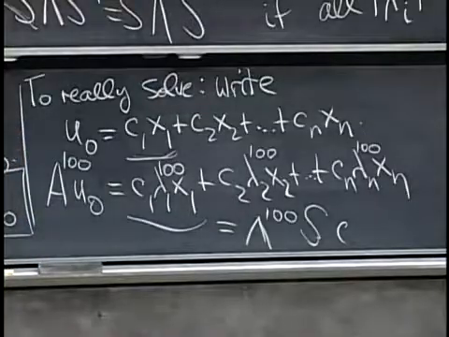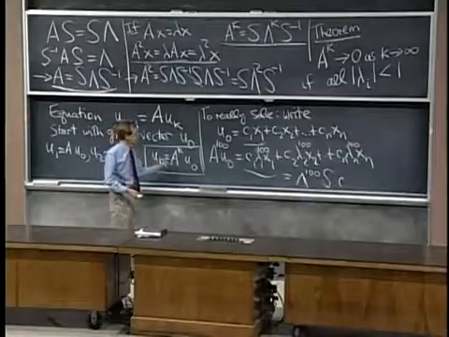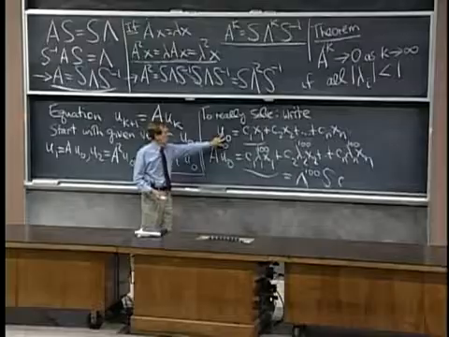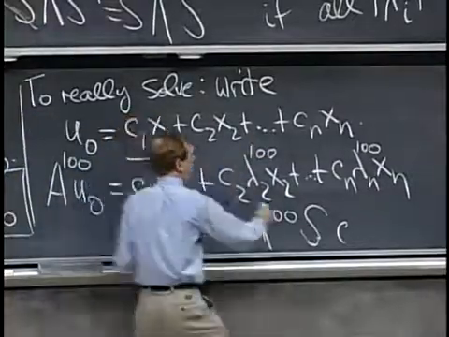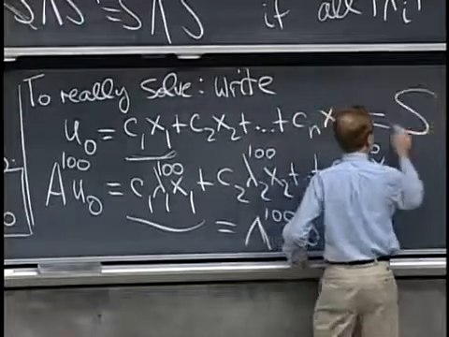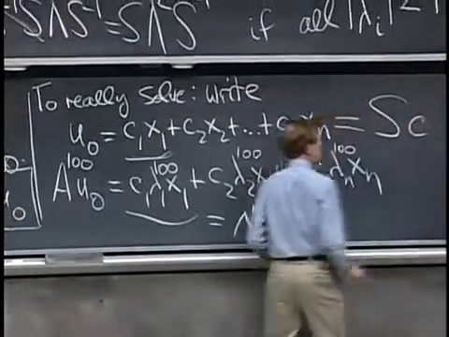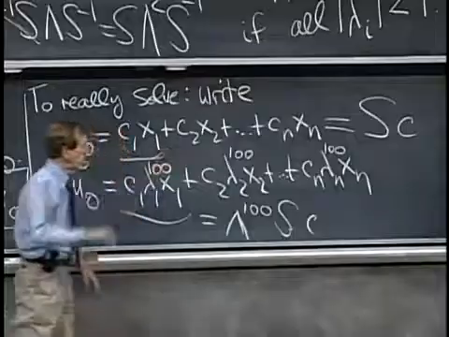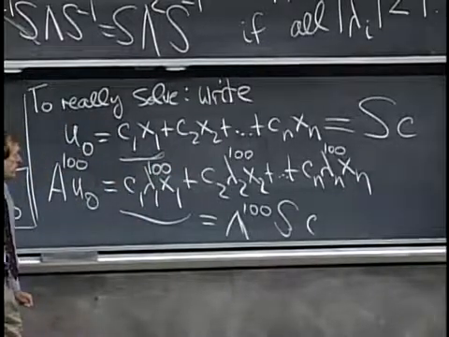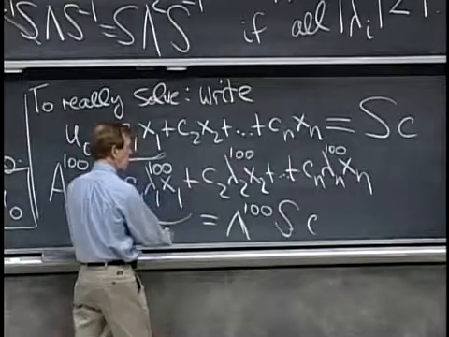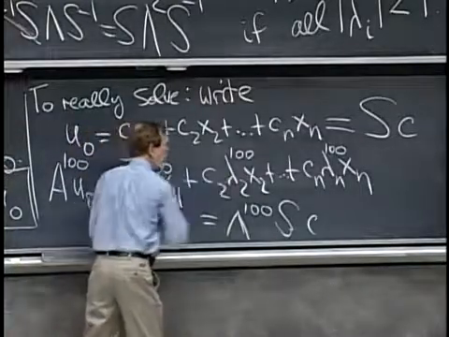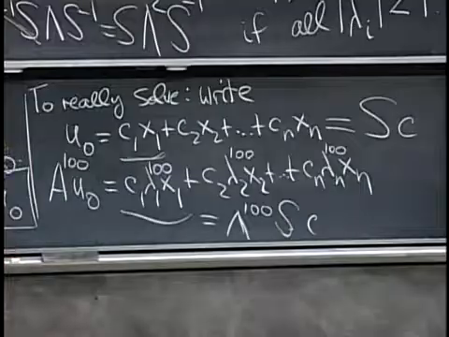So if I had to really find the 100th power, I would take u naught and expand it as a combination of eigenvectors. This is really S, the eigenvector matrix, times C, the coefficient vector. And then I would immediately, by inserting these 100th powers of eigenvalues, have the answer.